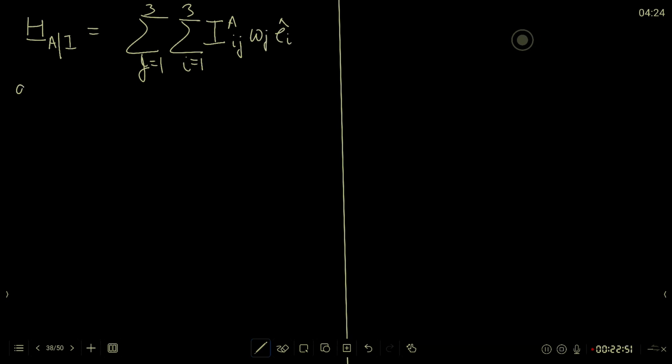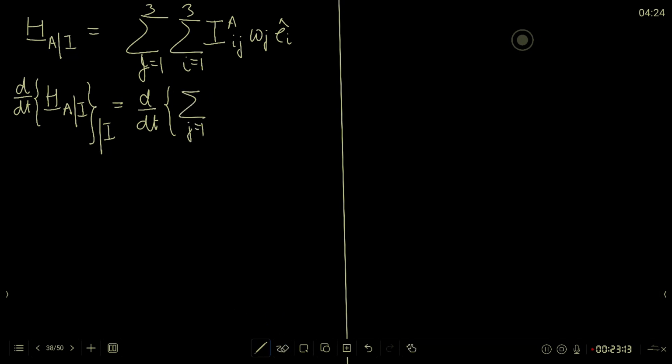Let's differentiate this whole quantity with respect to frame I. What do we get?